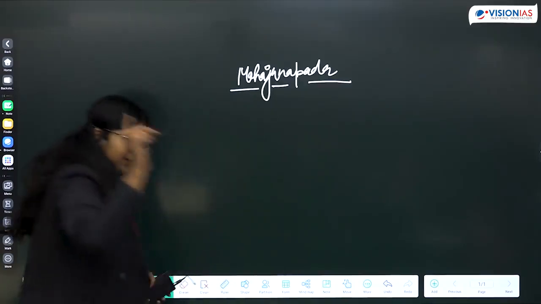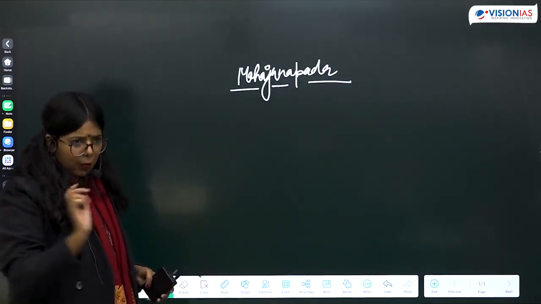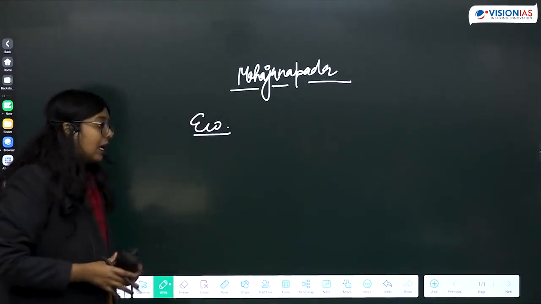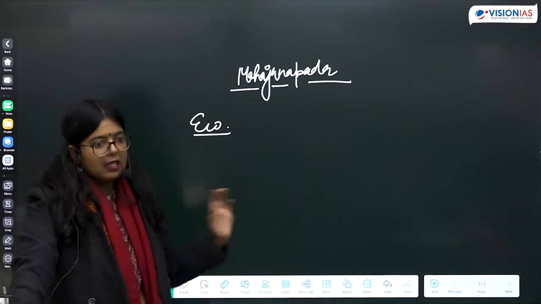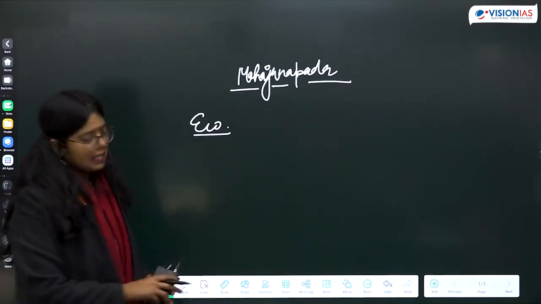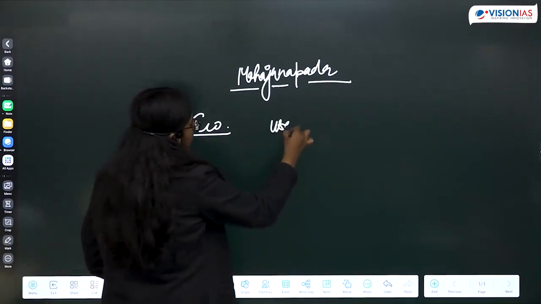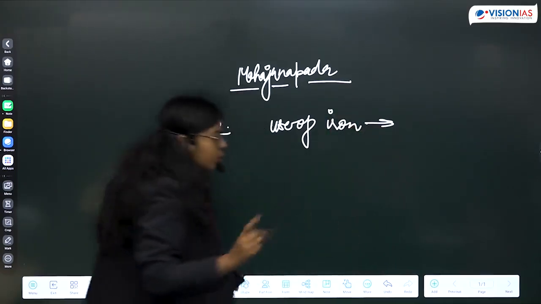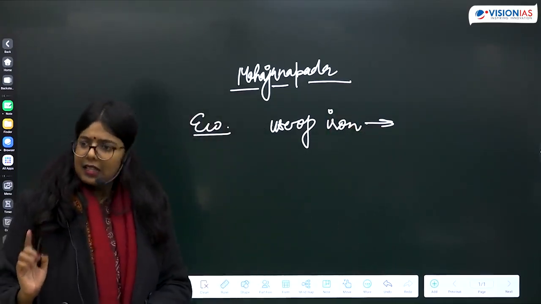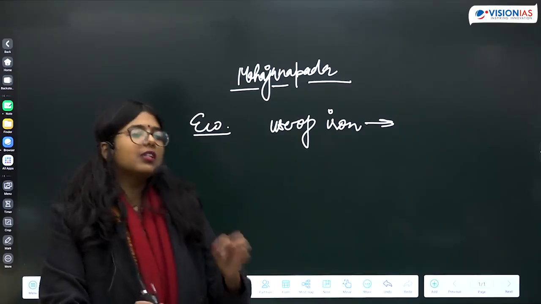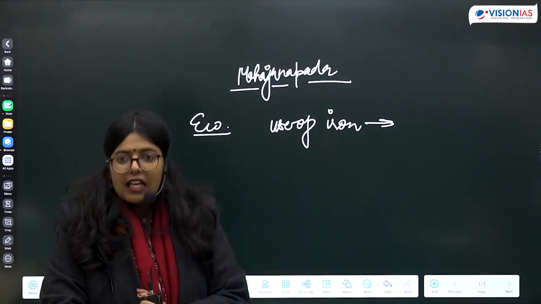Okay, so when we are talking about the period of Mahajanapad, we need to keep a few things in mind. With economic respect, this is a period when use of iron led to growth of agricultural tracts. We understand that when we are talking about Ganga Valley, it is a very fertile land.